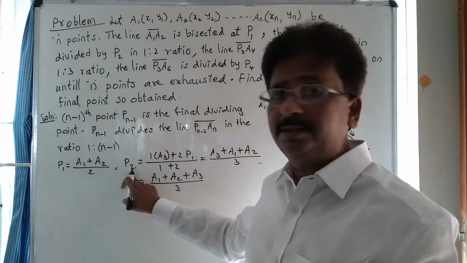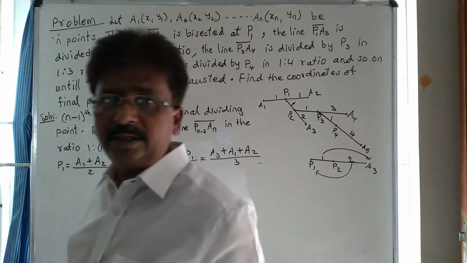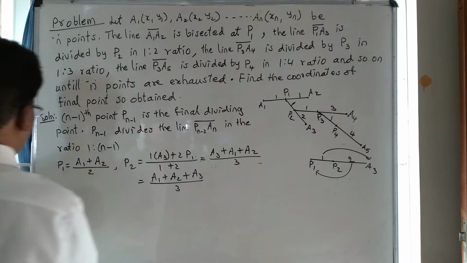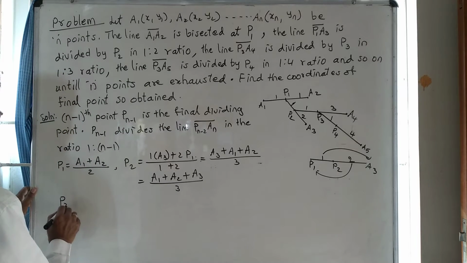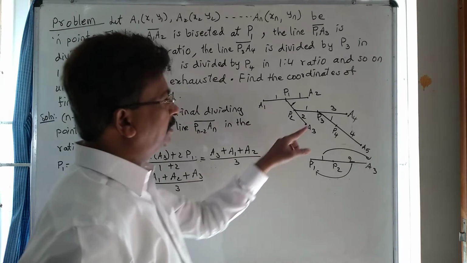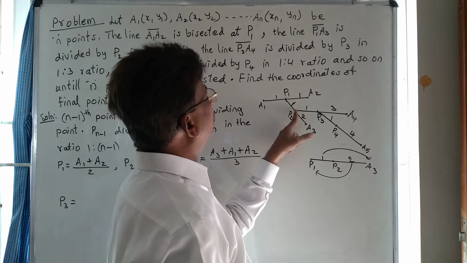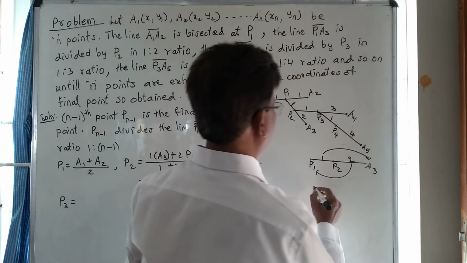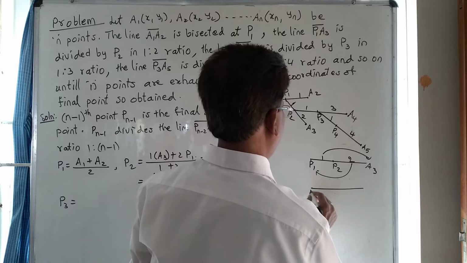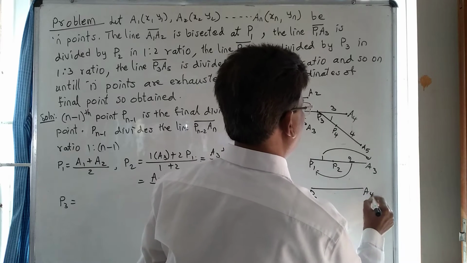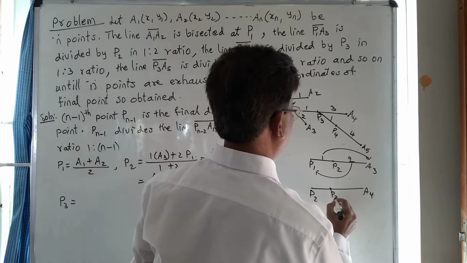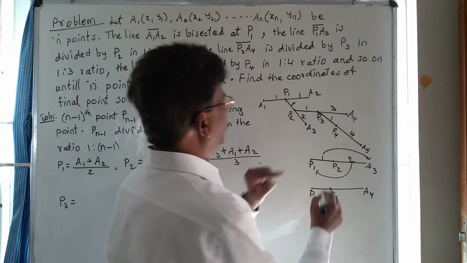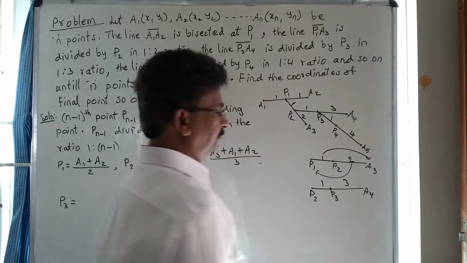The suffix of P is 2. Next point, I will write P3. Where does P3 lie? P3 lies on the line segment P2A4. It divides in the ratio 1:3.